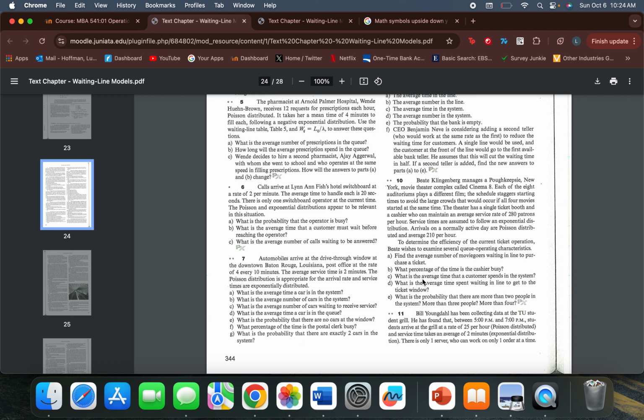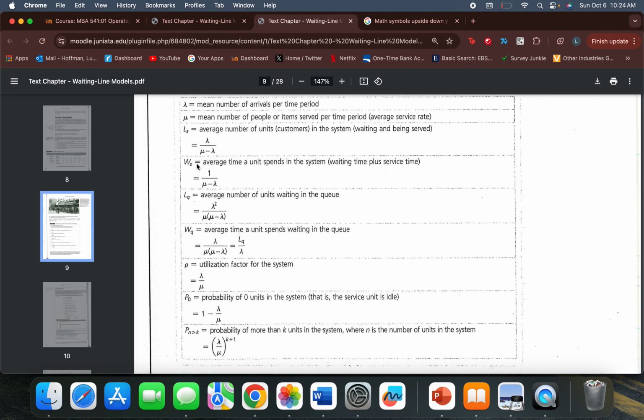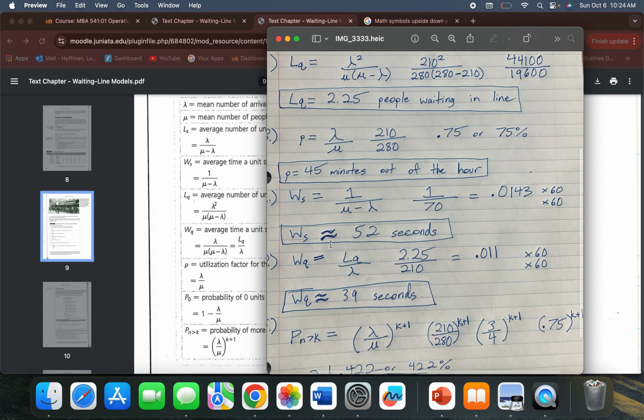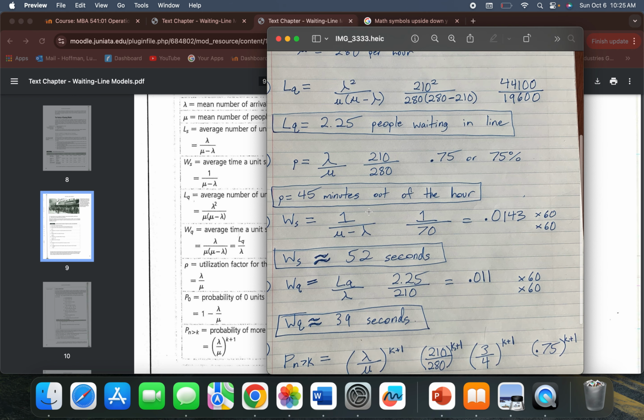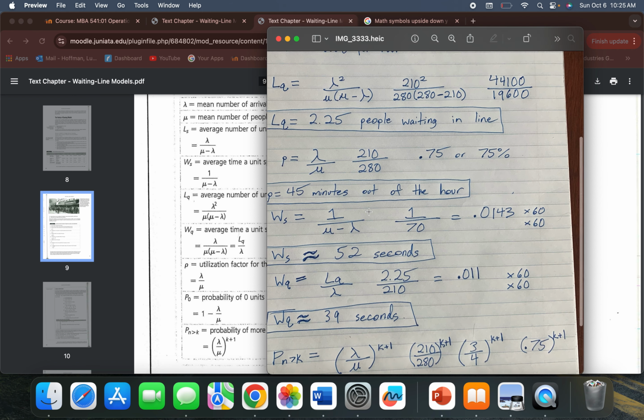Next question: what is the average time that a customer spends in the system? That's going to be this formula, the average time a unit spends in the system, which is just 1 over epsilon minus lambda. Epsilon versus lambda, 280 minus 210, gives us 70.